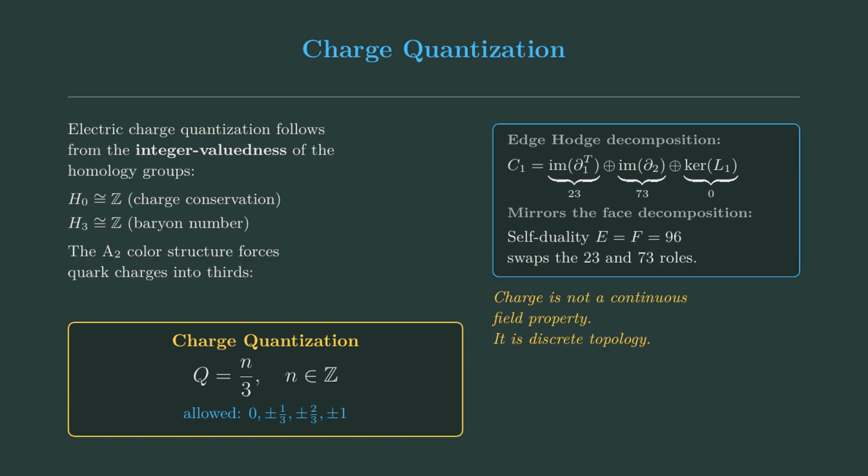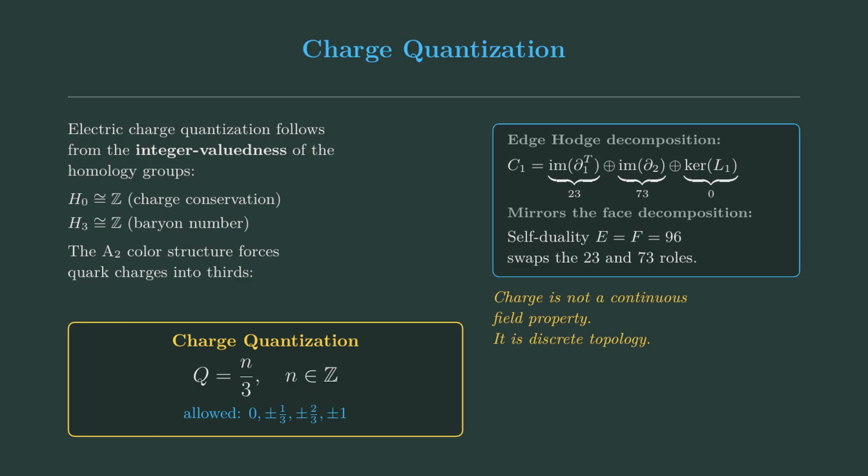And one more, 23 plus 1 divided by 96 equals 1/4. This is the Bekenstein-Hawking coefficient, the ratio of black hole entropy to horizon area, emerging here from pure combinatorics, before gravity even enters the picture. Charge is not a continuous field property. It is discrete homology, determined by the integer boundary operators of the 24-cell.